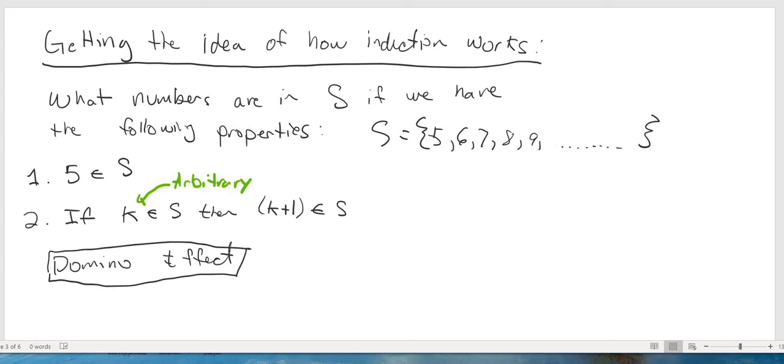If you have some dominoes here, they're standing up, like this. 1, 2, 3, 4. We're supposed to start with 5 here, so this is the 5th one.